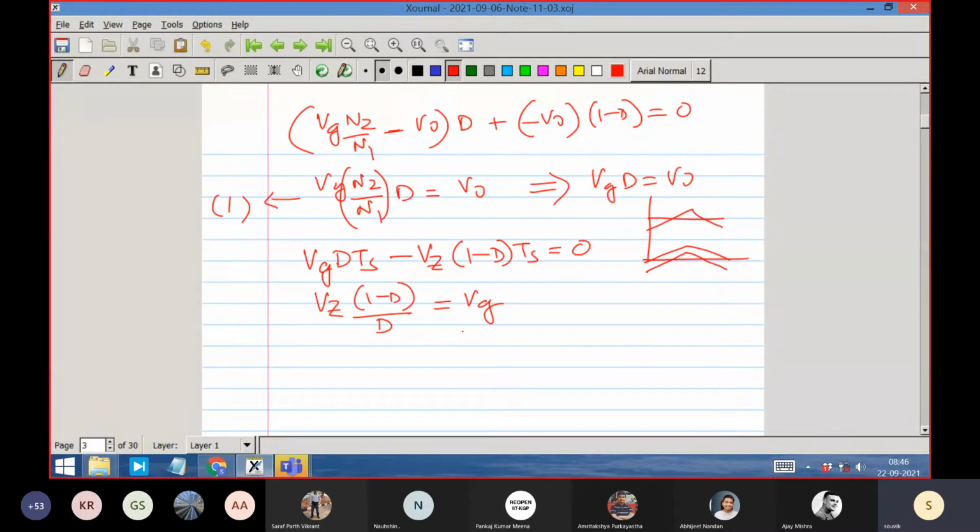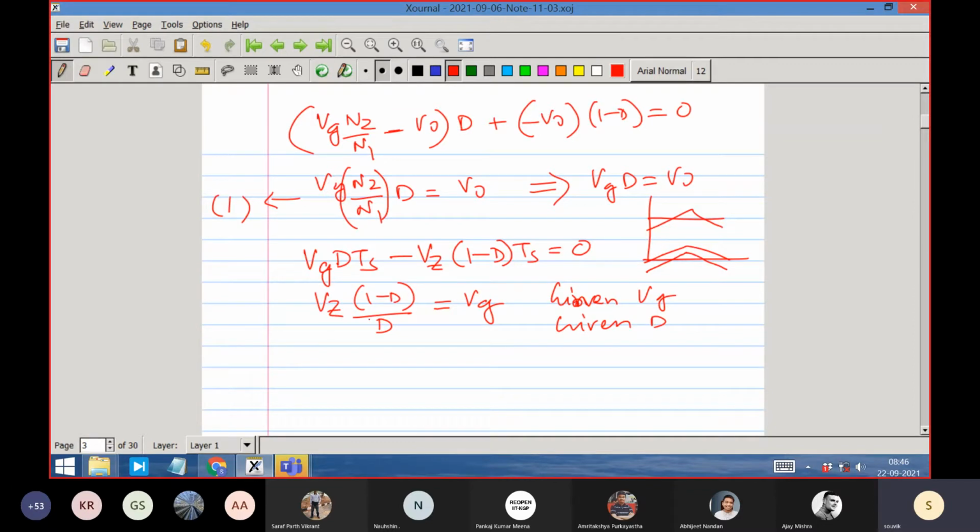One way it is saying that given Vg, let us say given d, then you have a compulsion to choose a Zener voltage which is at least greater than this.